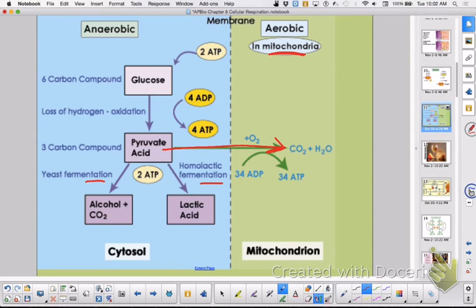Now, depending on what kind of organism you are will depend on what you do with your pyruvic acid. You and I, we will convert our pyruvic acid into lactic acid. And we're actually reducing it into lactic acid. What will lactic acid do to your muscles? Make you sore, right? Ultimately, it will make you sore. When are you sore?